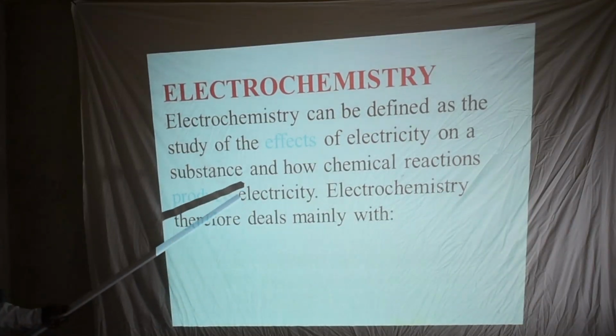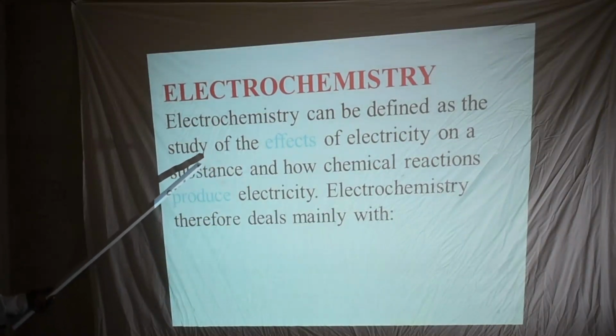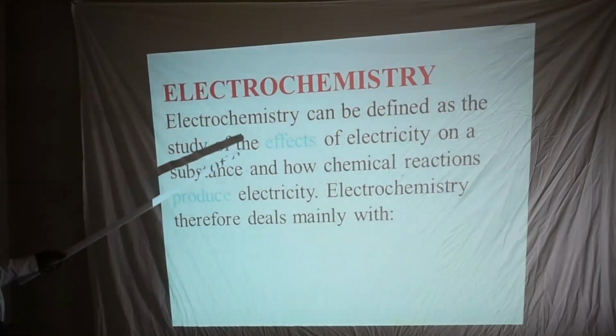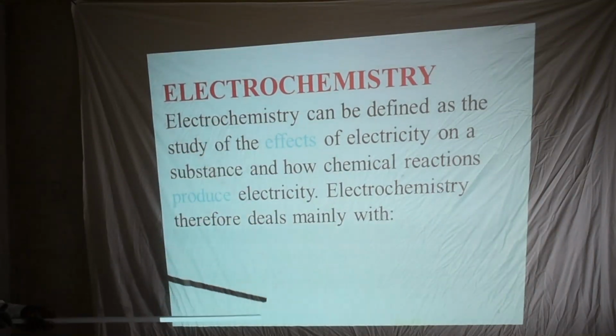Now, the first part of this definition was actually captured in Form 2 on a topic called the effect of an electric current on a substance, whereby we were looking at how electricity affects a substance. For instance, let's look at lead 2 iodide.